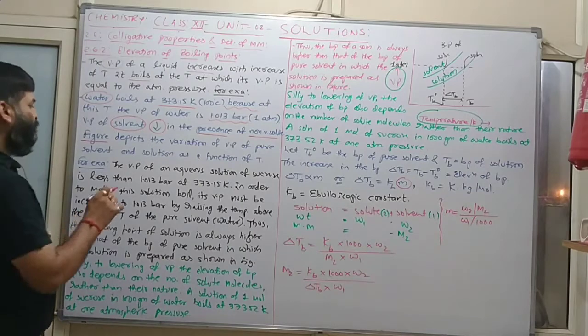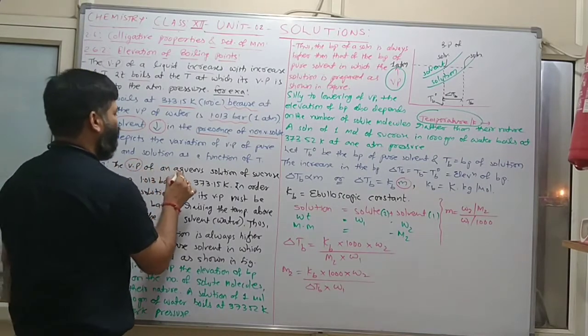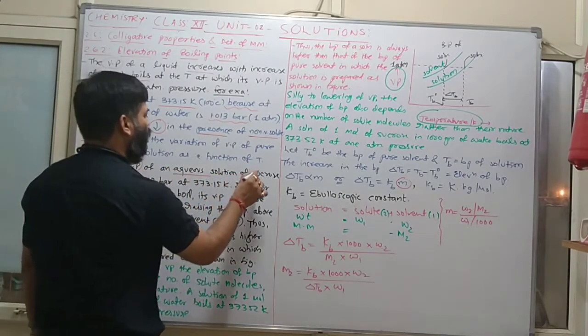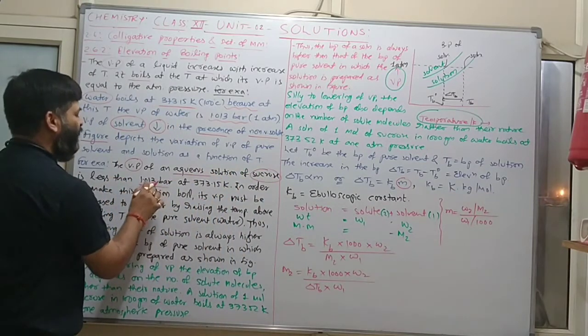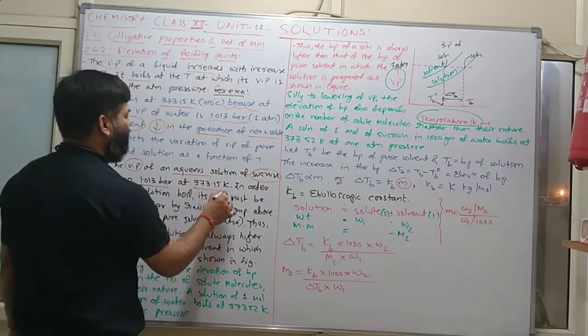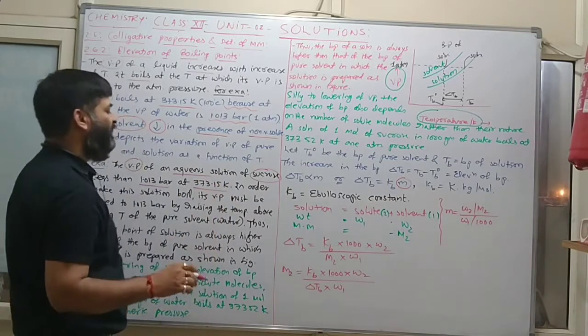Clear? For example, vapor pressure of aqueous solution of sucrose is less than 1.013 bar at 373.15 Kelvin.